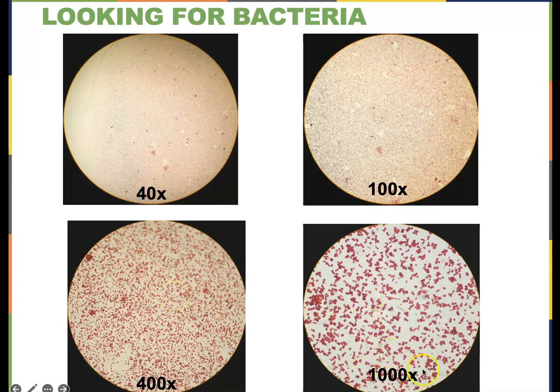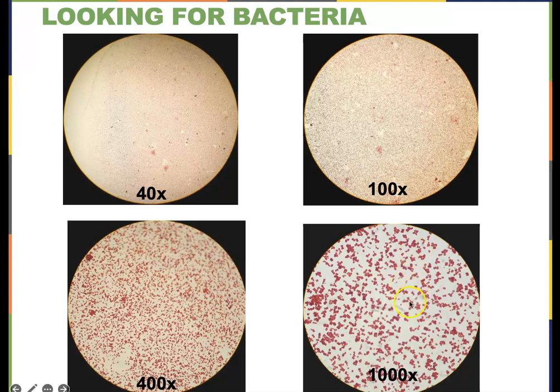And then when you get to oil immersion, this is high power. Oil immersion is the only way to look at bacteria in microbiology, because now you can sort of resolve those individual shapes, right? If you look carefully, you'll see that these shapes are round little circles and not rods.